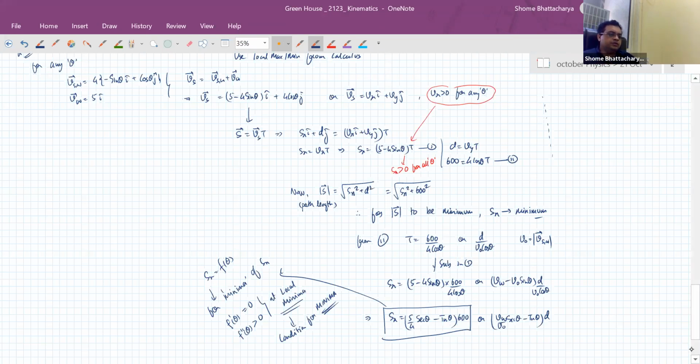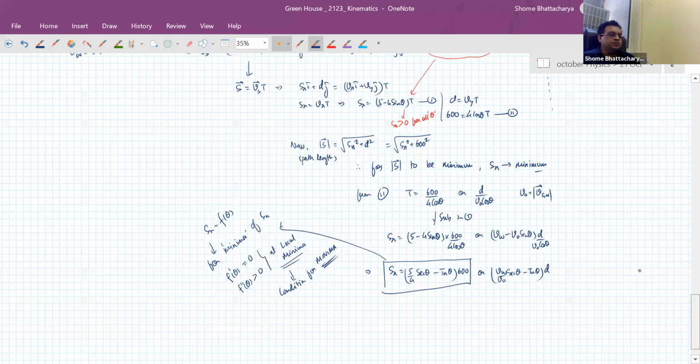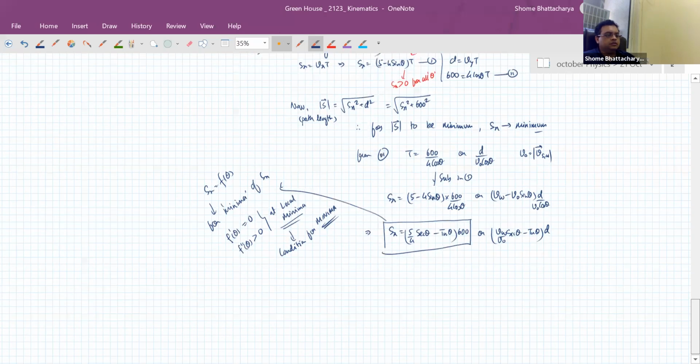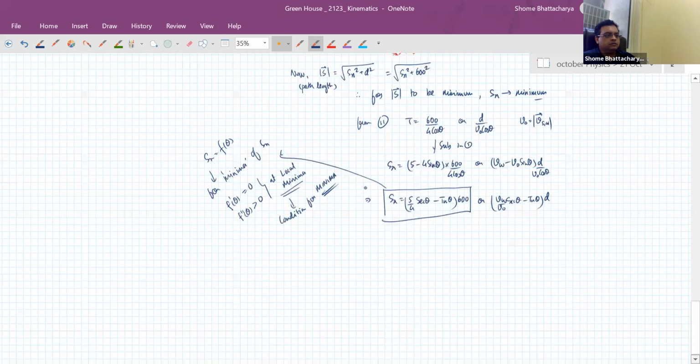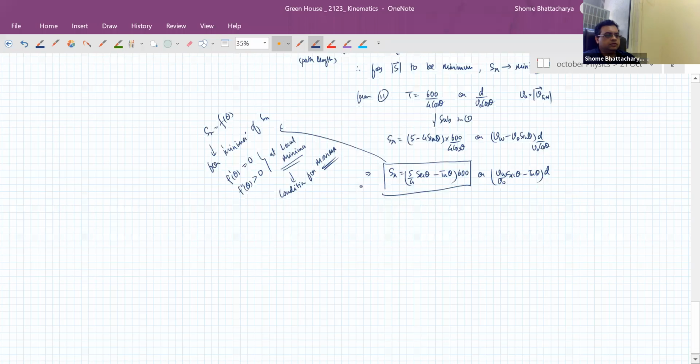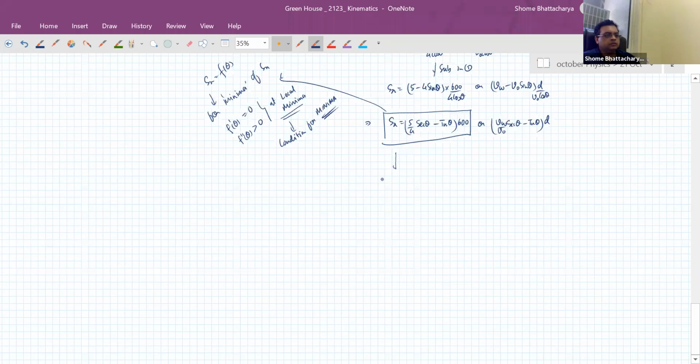Okay, so let's see how we will implement this maxima minima concept now. So you can see that this thing as a function of theta now is 5/4 sec theta minus tan theta, the whole thing into 600.